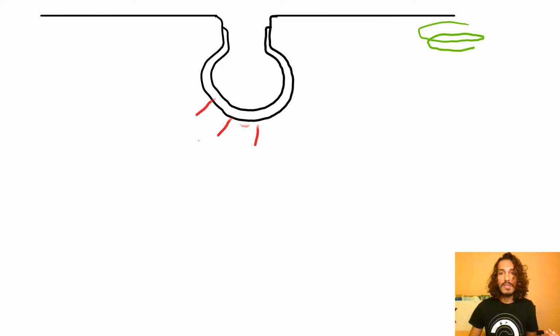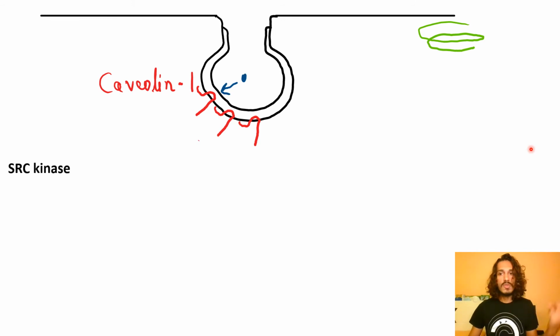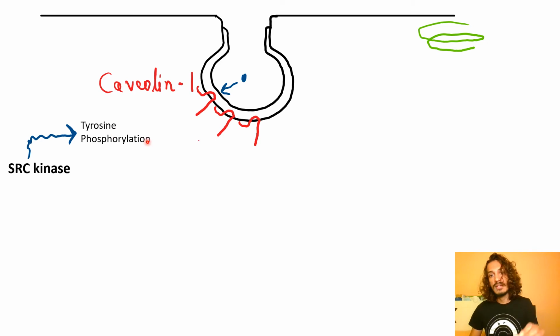Now coming to the whole mechanism of how it acts. We know that the caveolin is there. Caveolin 1 is the most important. The ligand binds, and through this whole signaling pathway it's going to activate a few things. The first thing you have to understand is something called the SRC kinase, whose activity usually results in tyrosine phosphorylation, and we already know that there's one point near the N-terminal for tyrosine phosphorylation.